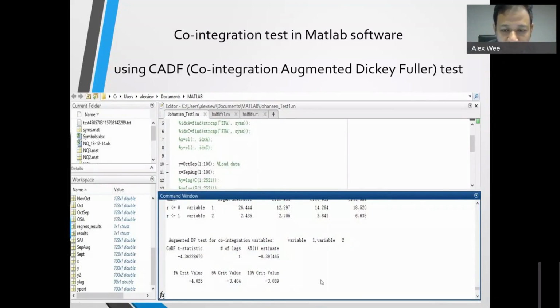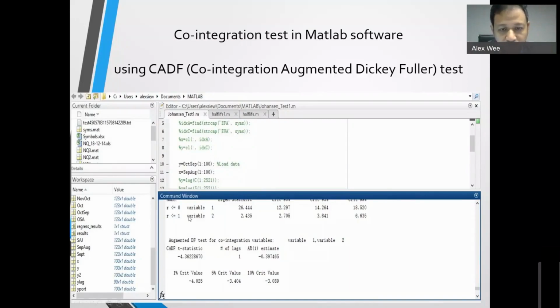If it's more negative than negative 3.089, you have a 90% chance that it will mean revert to each other, meaning for spread trading you have a 90% chance of success. If this number is more negative than negative 3.404, there is a 95% chance it will mean revert, meaning if you do a spread trading strategy on it, you have a 95% chance of success.